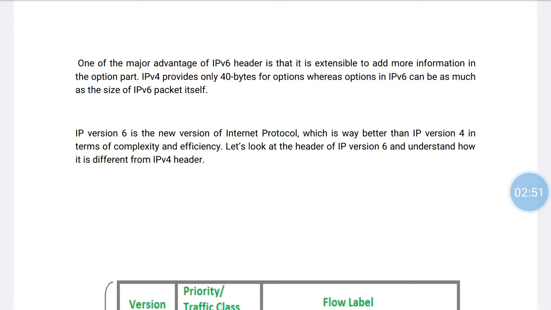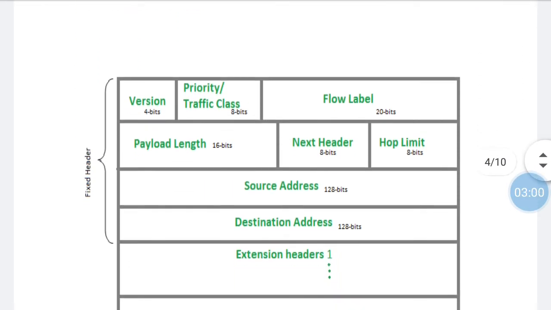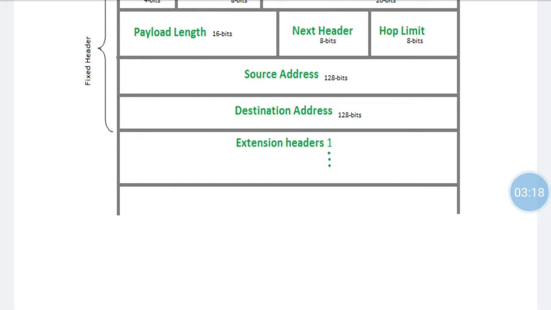Now what is the header structure for IPv6? Here we can see the structure of the header of IPv6. It has a version of 4 bits, the priority class is of 8 bits, and the source address is of 128 bits.